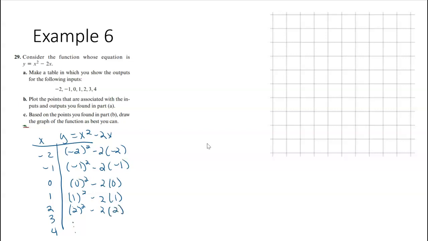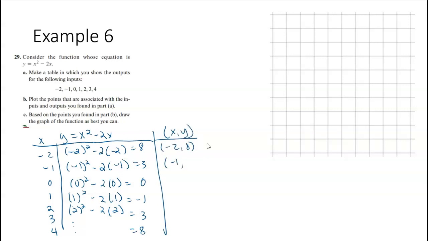So when we get these, we end up getting 8, 3, and I encourage you to take out your calculator, pause the video, get these values all on your own. And then plot the points associated. So let's write them out. -2, 8, -1, 3, 0, 0, 1, -1, 3, 3. And again, do this on your own.